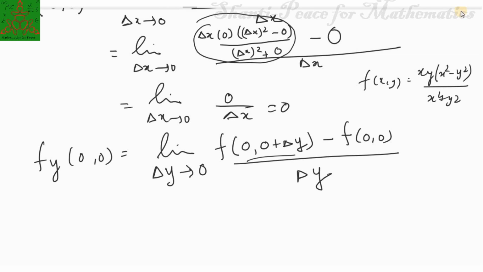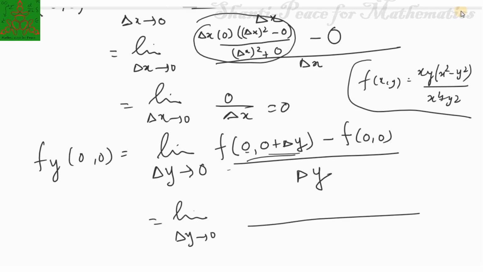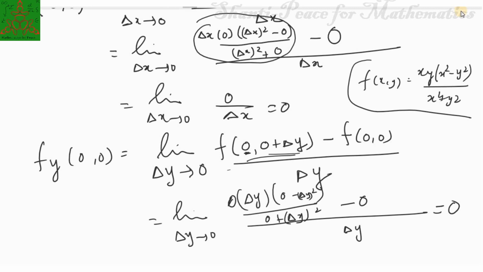This was the function given to you. So x is 0 and delta y is there. That is the limit as delta y tends to 0, and in the denominator delta y is as it is. You have to substitute x as 0. So 0 into delta y into (0 minus delta y squared) upon (0 plus delta y squared) minus 0. So finally you will have 0 as the answer here also.